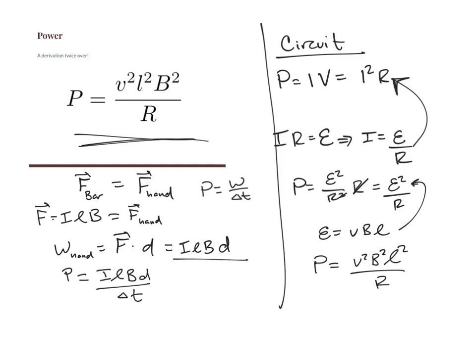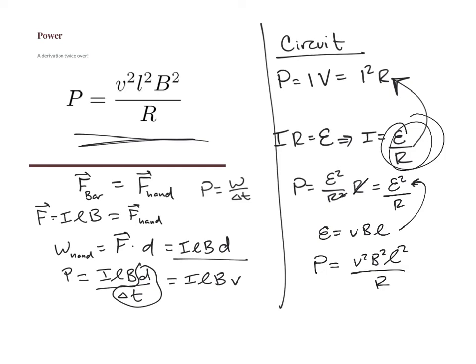Now, the thing to notice here is that the distance that the hand has moved divided by the time is equal to the velocity of the hand. So you'd say power equals ILB times velocity. And this is almost complete. All we got to do is figure out what that induced current is. And that induced current came in from up here.